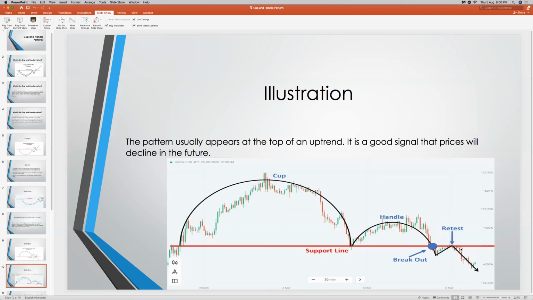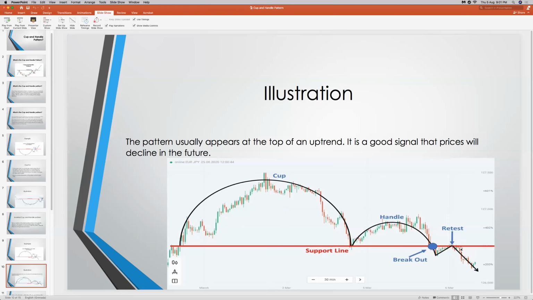But complementing this, I am going to teach you and show you how we are going to install and configure software that is going to help us take away all this stress and hard work and identify the patterns. So today I'm looking at the Euro US and the software is going to say, there is a cup and handle, there is an inverted cup and handle, or there is that pattern.